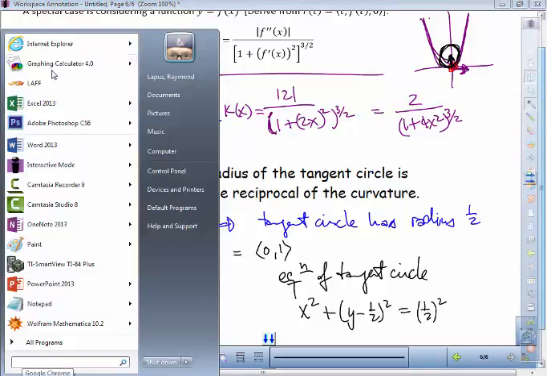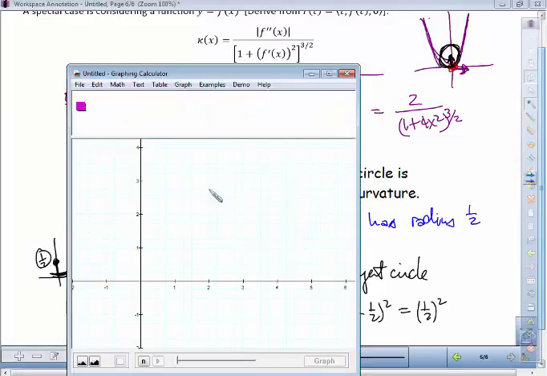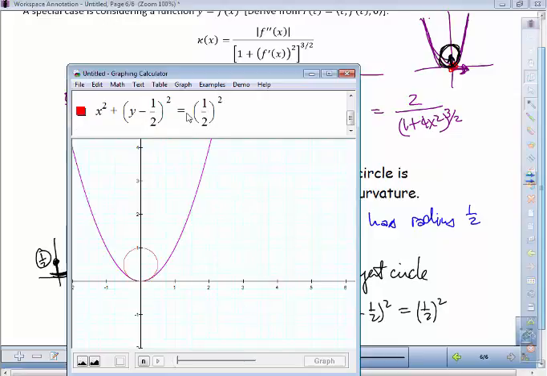Let's get my other program going. So here's my parabola, my tangent circle. It should be right on that parabola, touching it at 0, at the origin, and it has radius of 1/2.